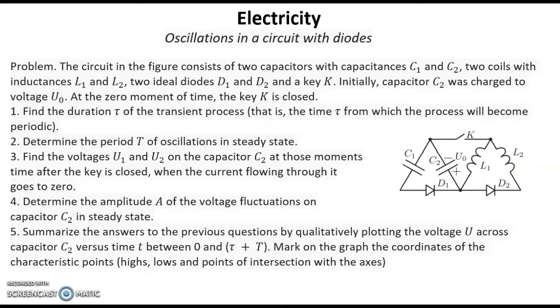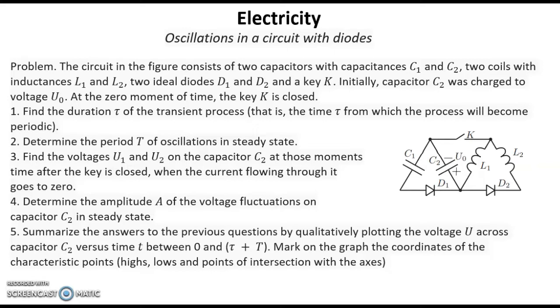Questions. First, find the duration tau of the transient process, that is, the time tau from which the process will become periodic. Second, determine the period big T of oscillations in a steady state.